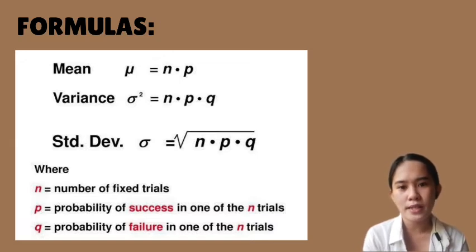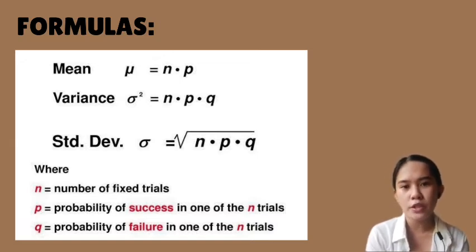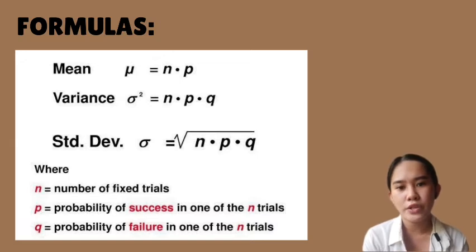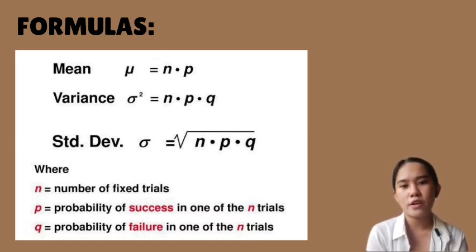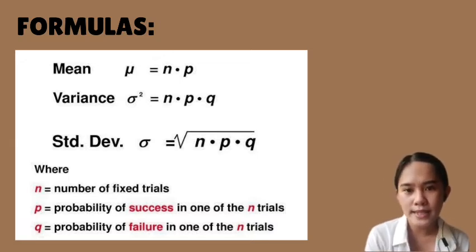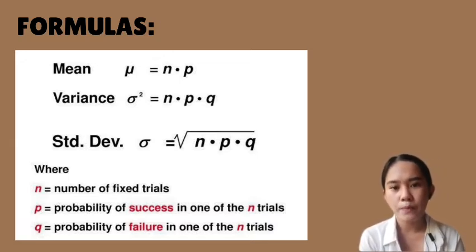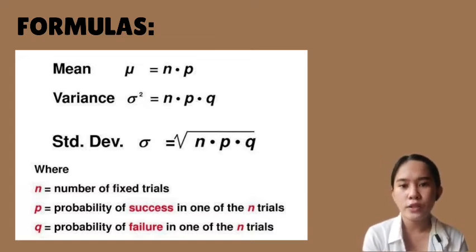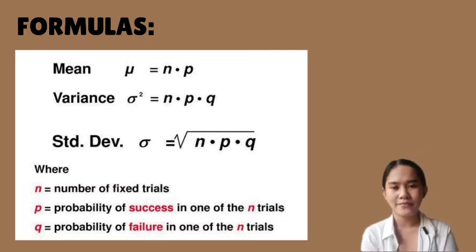Variance is equal to n multiplied by p multiplied by q. Standard deviation is equal to the square root of n multiplied by p multiplied by q, where n is the number of fixed trials, p is the probability of success in one of the n trials, and q is the probability of failure in one of the n trials.